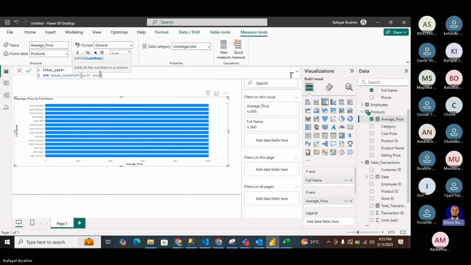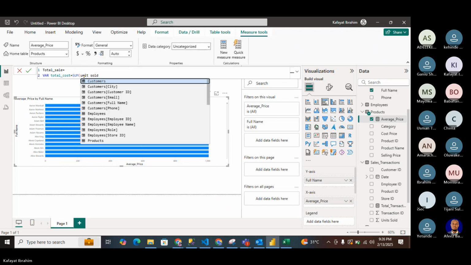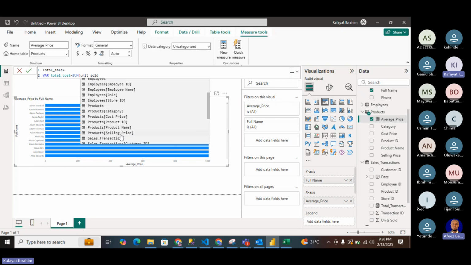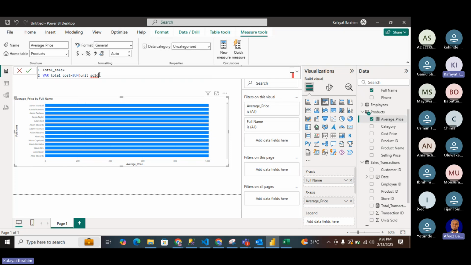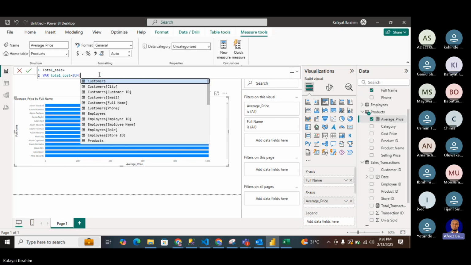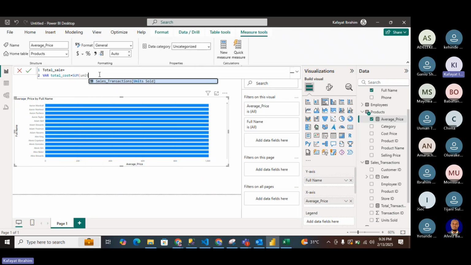Let's see whether it will see it. Just type units sold. Under your sales, you should have units sold. Yeah, that's it. You have it already. Units sold multiplied by cost price.